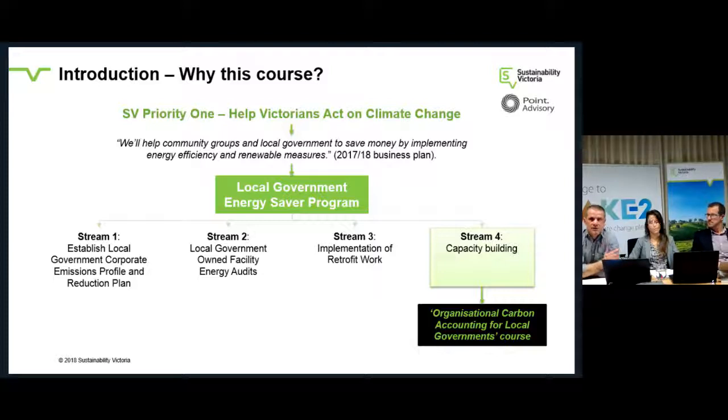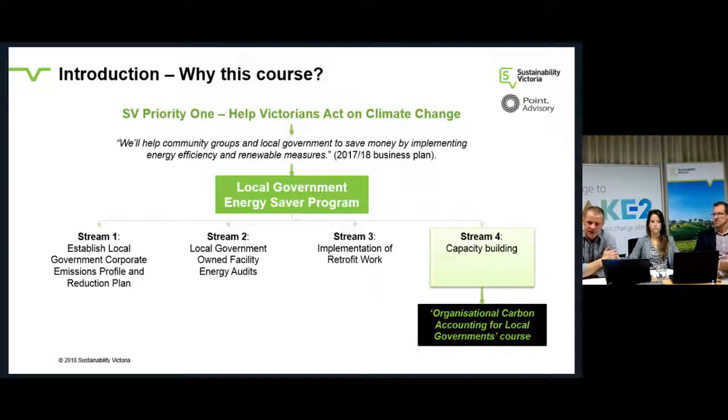So why this course and why are we here? Sustainability Victoria has been working with a number of Victorian councils to update their corporate emissions profiles and work with them to develop a reduction plan. We're going to continue to work with those councils as they move through doing energy efficiency and renewable energy, identifying those opportunities in their buildings and facilities.